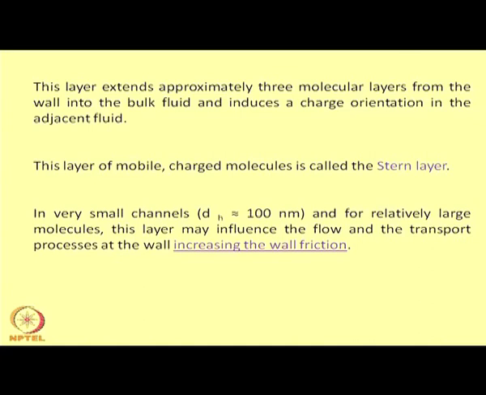So, if we talk about very small channels and large molecules, then there is a few molecule thick adsorbed layer on the surface and the presence of a Stern layer. So, that is why it is called a double layer. The presence of an immobile layer and the presence of the Stern layer, their combined thickness could be significant compared to a 100 nanometer diameter channel.